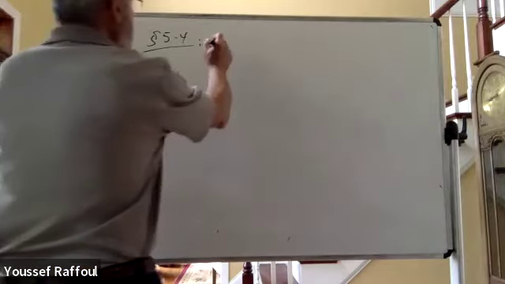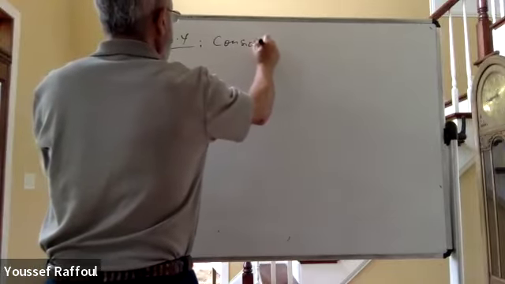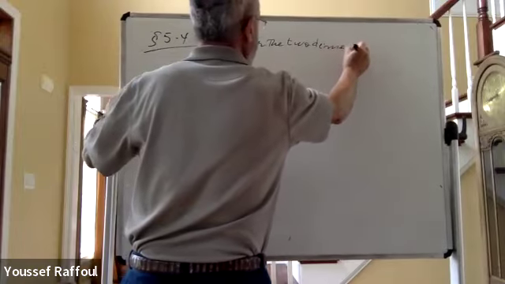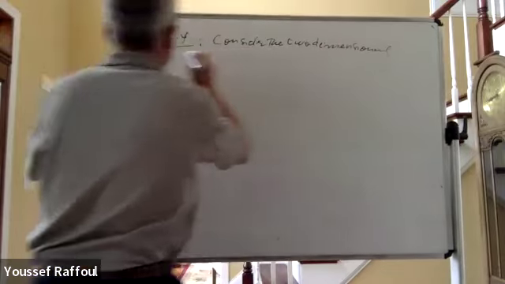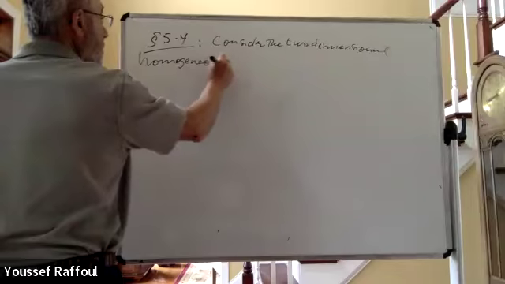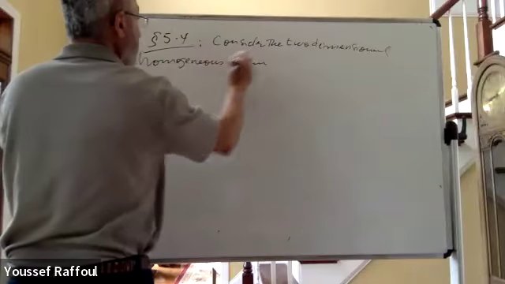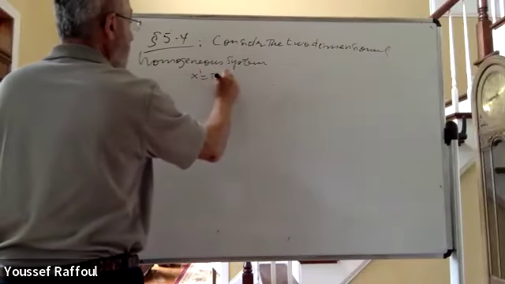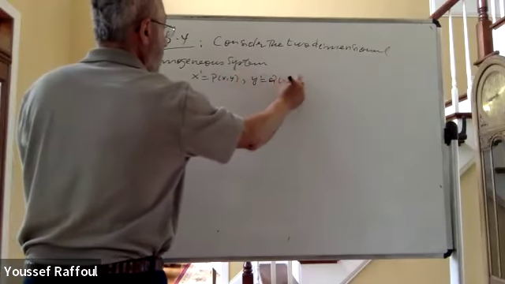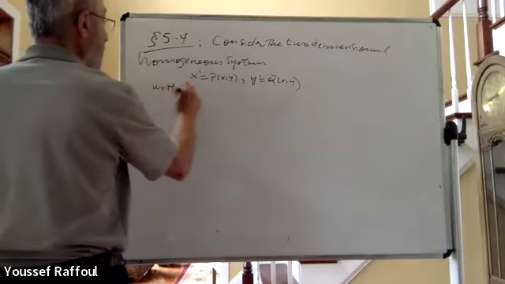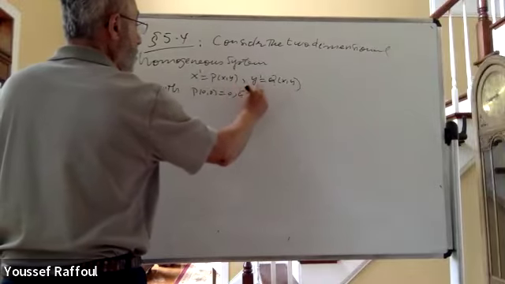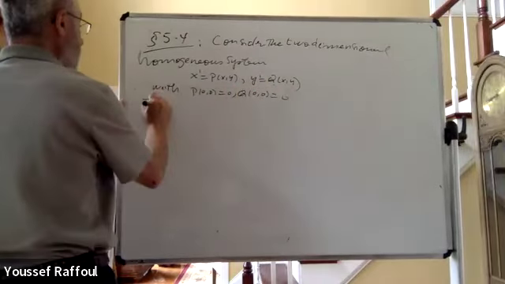So we're gonna consider the two-dimensional homogeneous system, x prime equals p(x,y) and y prime equals q(x,y), with p(0,0) equals 0, q(0,0) equals 0.